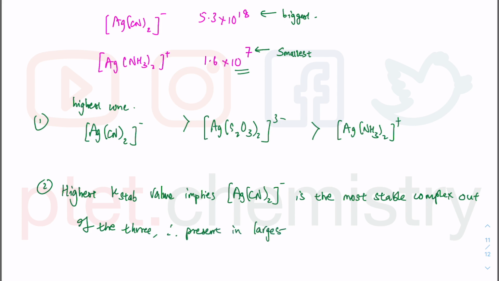And the one with the smallest K step will obviously be present in the smallest concentration, or in the question they said lowest concentration. That was how they label it. Okay, so that's the end of that 15-mark question number 3.